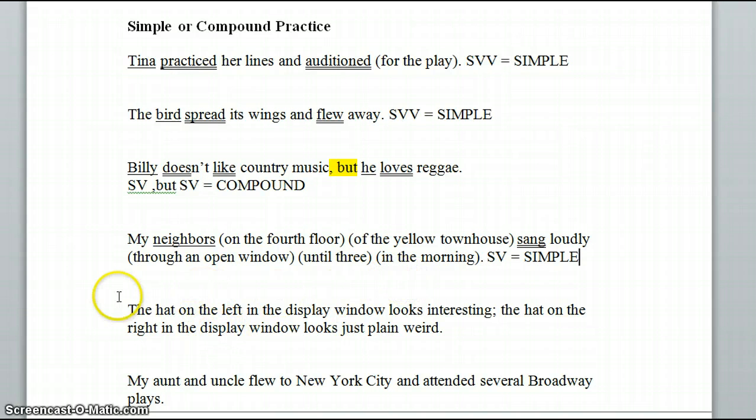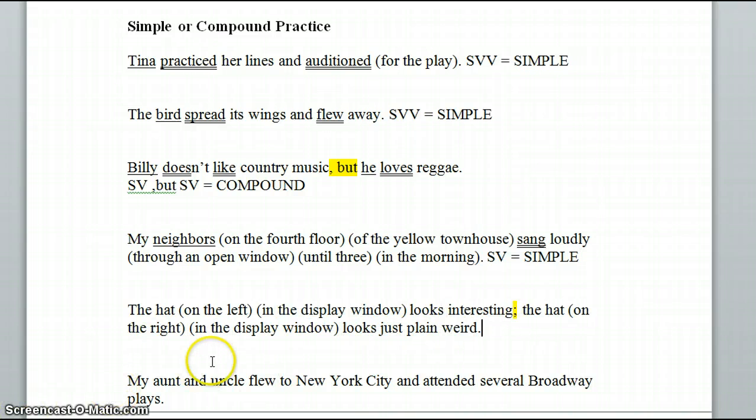It's the same thing with this sentence. Let's look. The hat on the left in the display window looks interesting. The hat on the right in the display window looks just plain weird. I am going to mark this up. Okay, I took my prepositional phrases out.